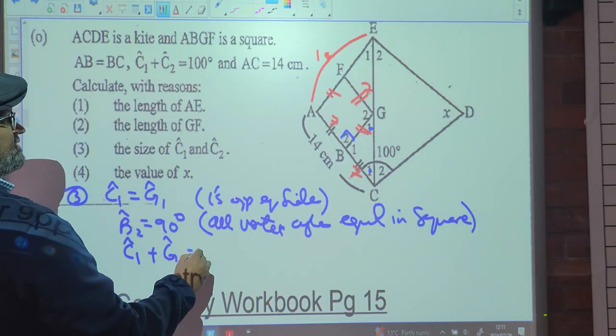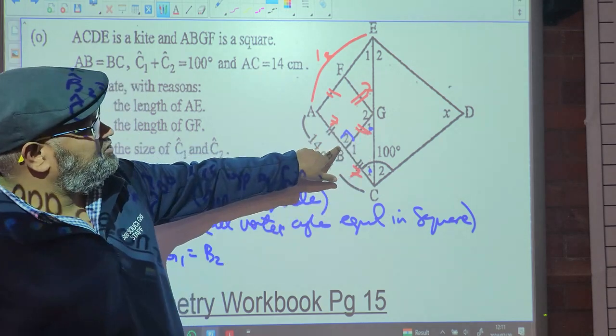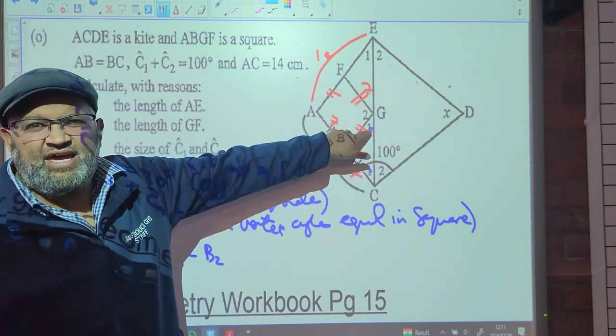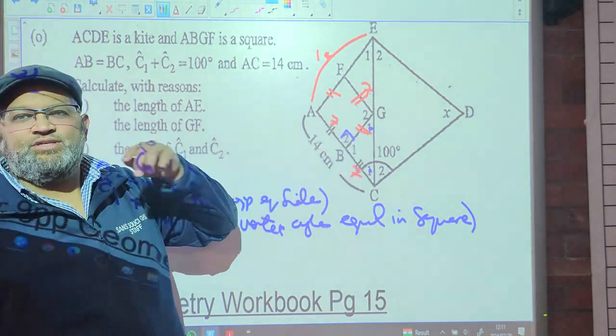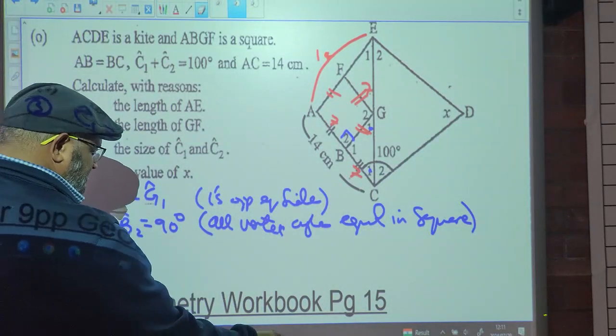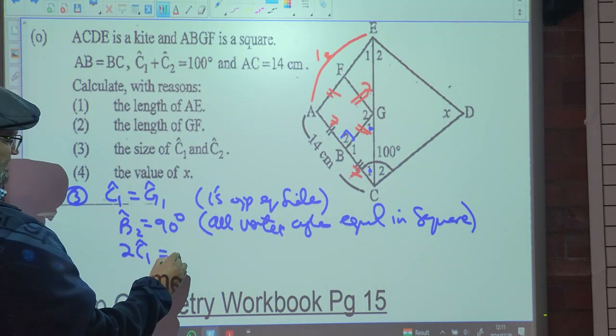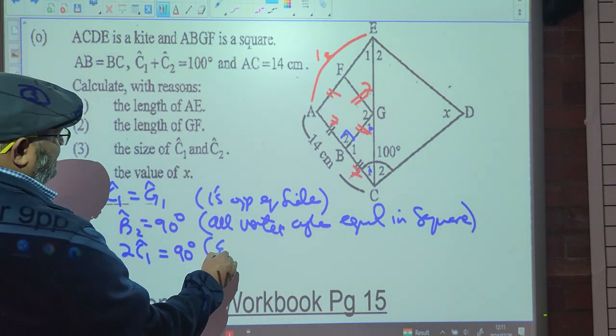C1 plus G1 is equal to B2. Why is C1 plus G1 equal to B2? Exterior angle of a triangle is equal to the sum of the two interior opposites. But now I don't need to say all this here. I just say double C1 is equal to 90 degrees. Why?